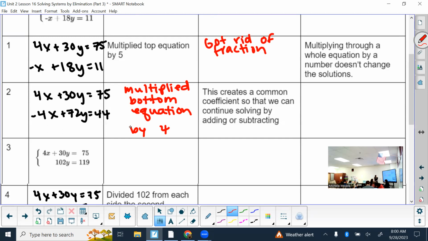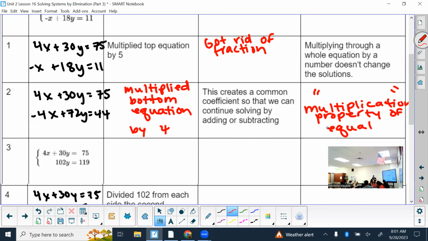And then, let's see, what did that last one say? Why is it still equal? Well, you could say the same thing that happened here. This means like the above, basically. It's going to be the same reason. You could also say multiplication property of equality. So that's literally the same thing. You do it to both sides, it doesn't change the solutions.